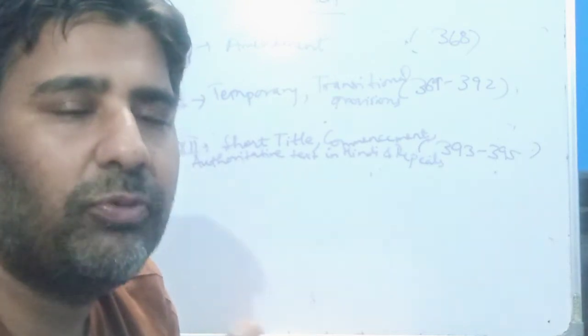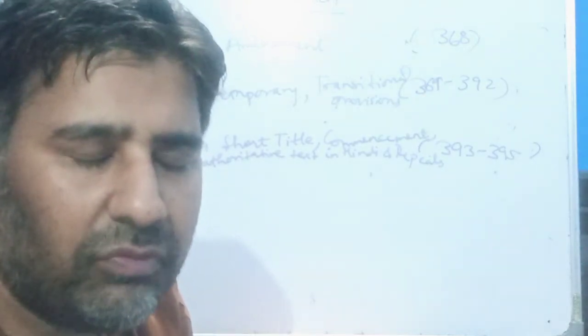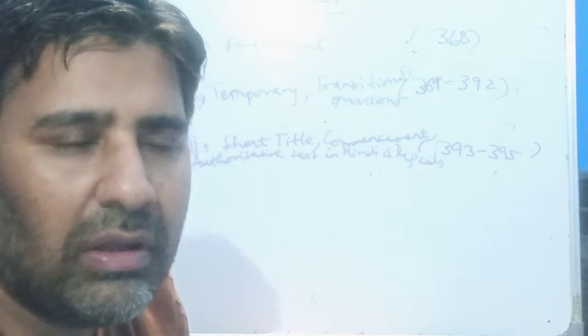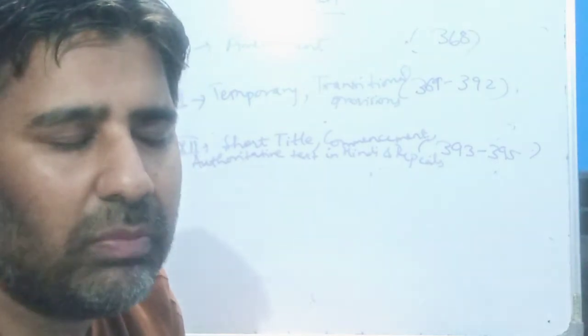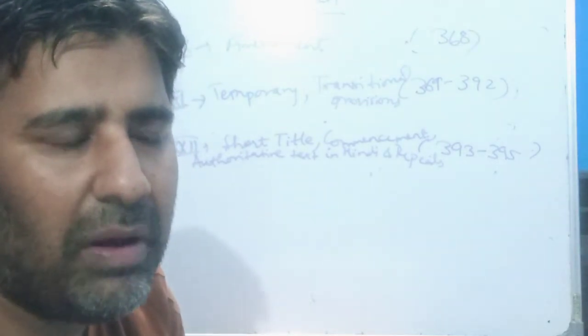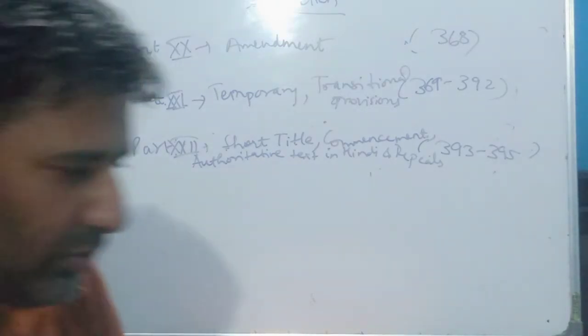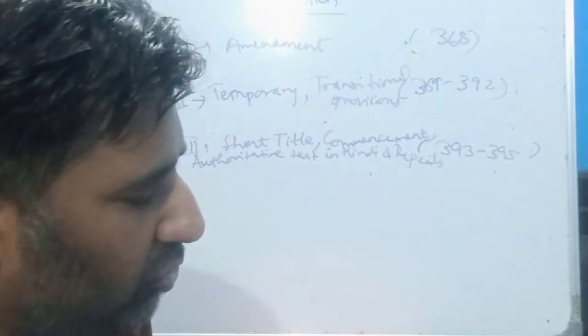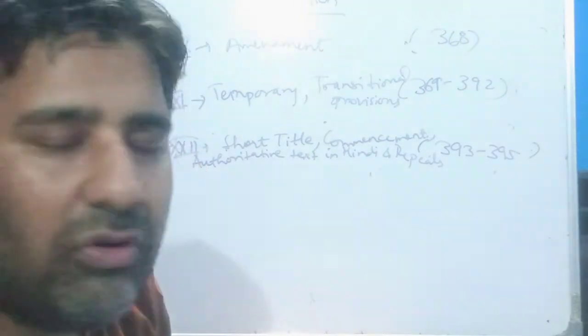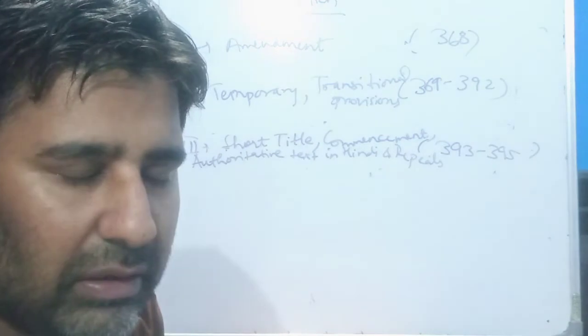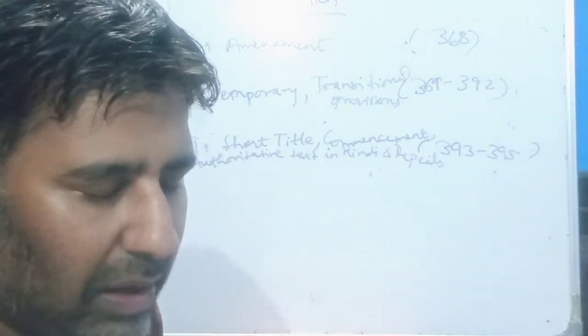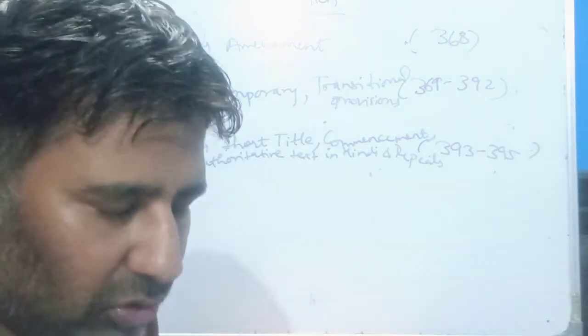Remember these right on your fingertips. Part third, part 4, part 4A. Then part 5, 6 not much important. Part 7 repealed. Part 8, which is 239 to 242, important, union territories. Part 9th is important. Part 10th, scheduled and tribal areas, important.